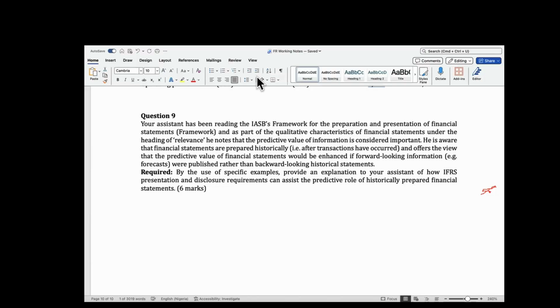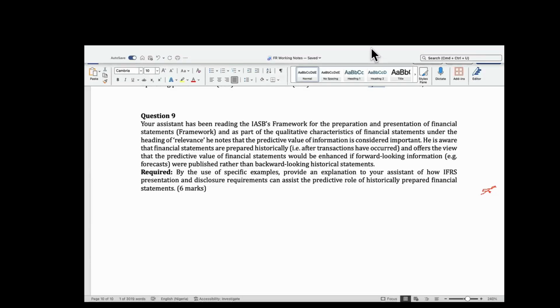Because when you give us a report of last year and this year side by side, that will help us to predict what will happen in the future.